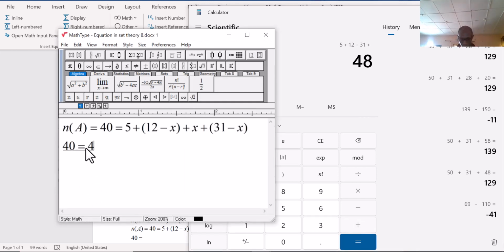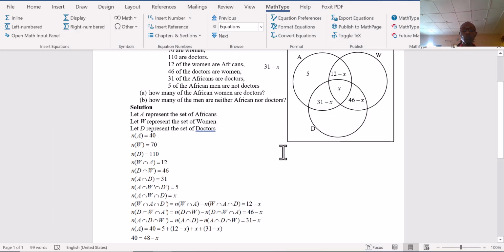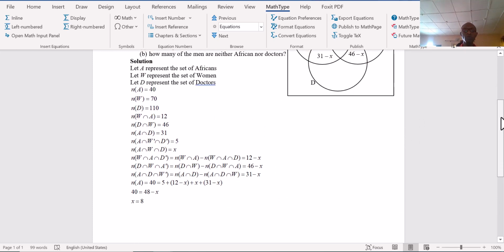So this is 48 minus x, which equals 40. So our x equals 8. So we have that. Let me minimize this. So the value of x is equal to 8. So we have been able to see our x.